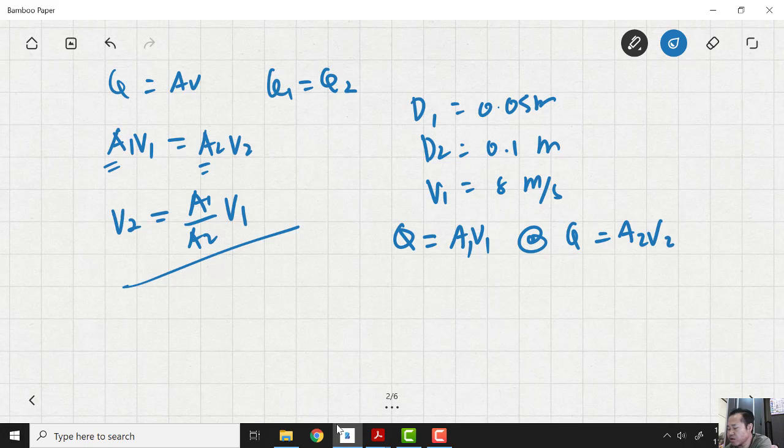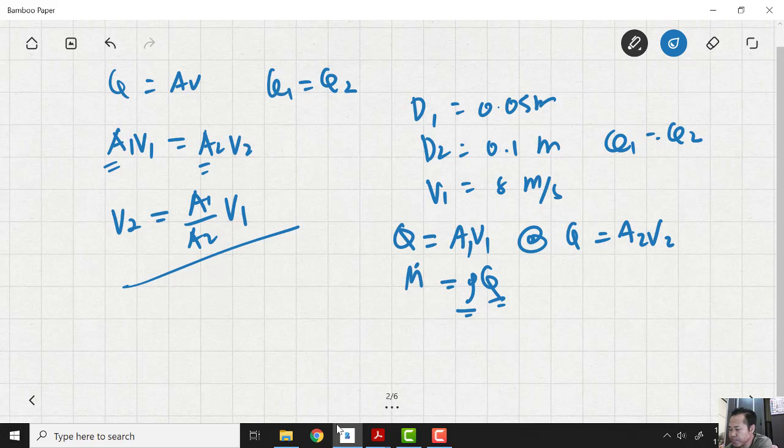Just find any one of them, it is the same because Q1 is equal to Q2. The third one is the M dot. M dot is equal to rho Q, so you need to find Q first. Rho for water is 1000, so just multiply it by 1000 and then we get M dot.